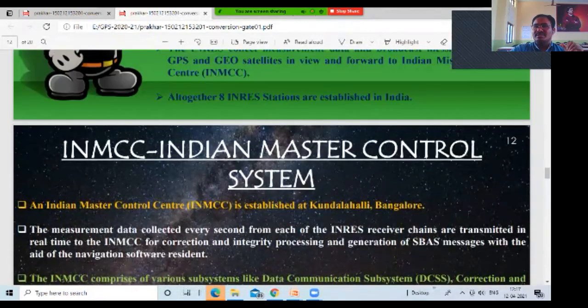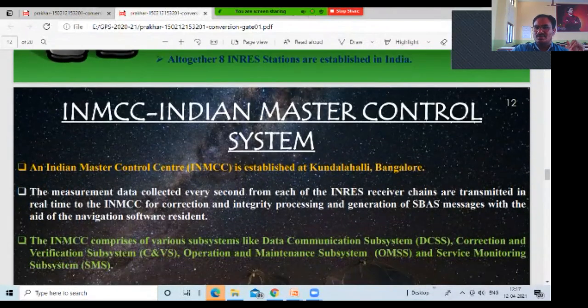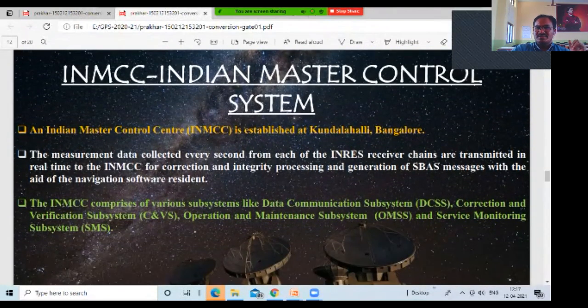And more information about the master control system. So an Indian Master Control Center is established in Kundalahalli, Bangalore. The measurement data collected every second from each of the INRS receiver chains are sent in real time to the Master Control Station, that is INMCC, for correction and integrity processing and generation of the space-based augmentation system messages with the aid of the navigation software resident.